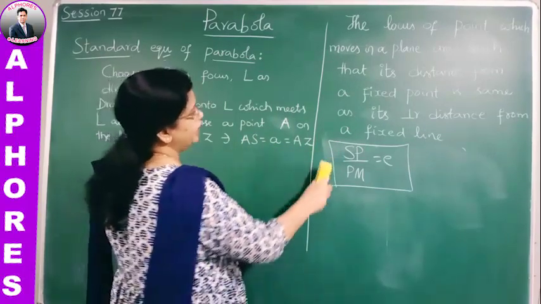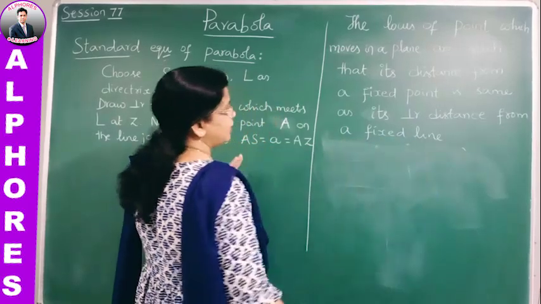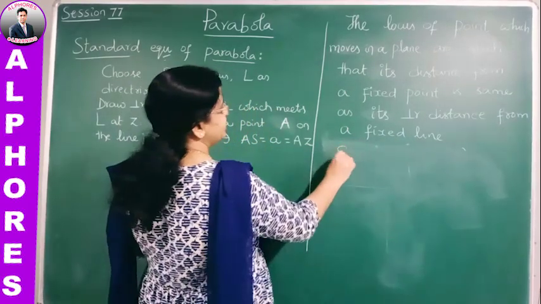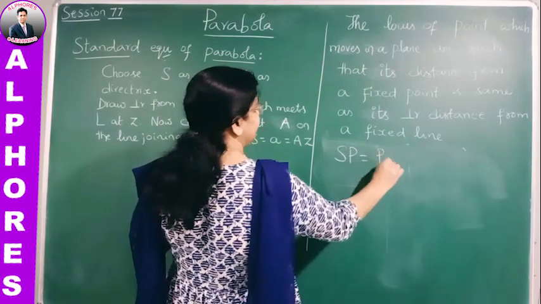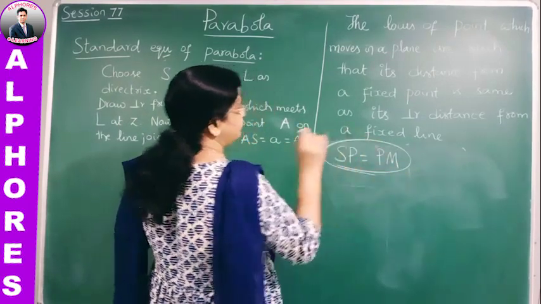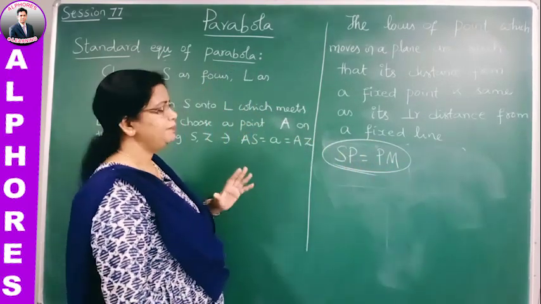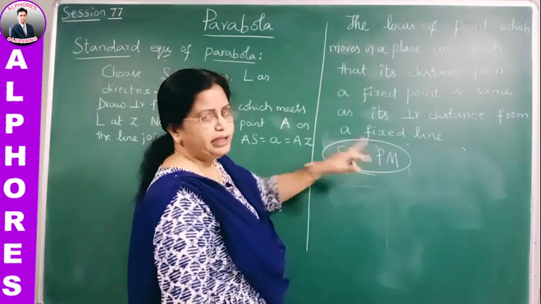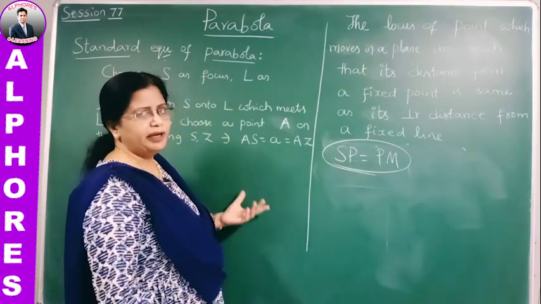Now in a parabola, directly you can say SP is equal to PM because the E value we have observed is 1. That's why SP equal to PM implies the locus of point P represents a parabola.